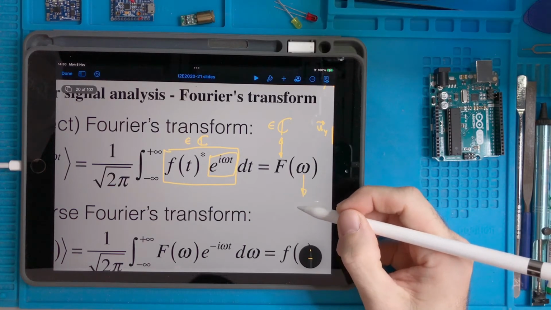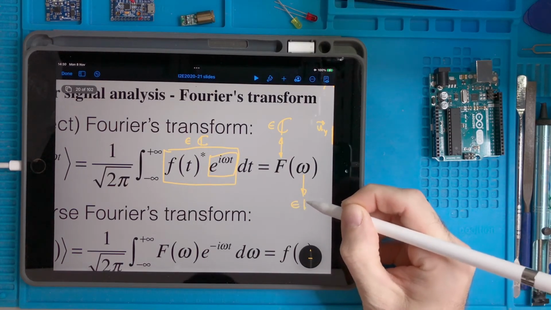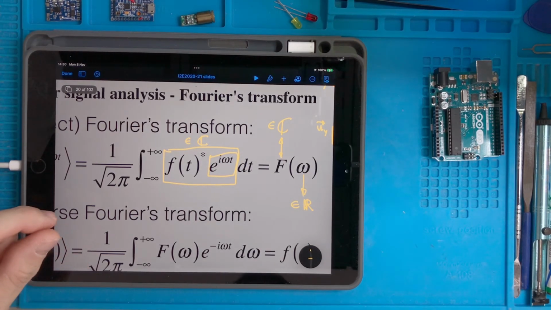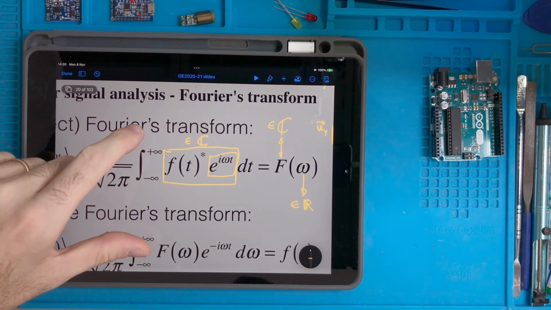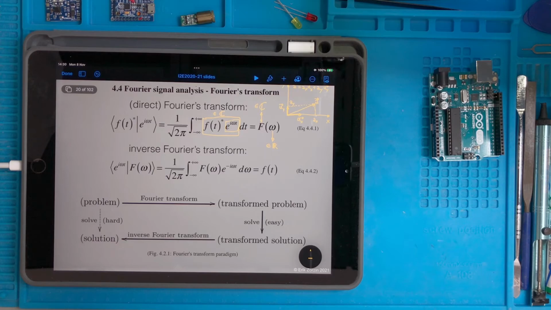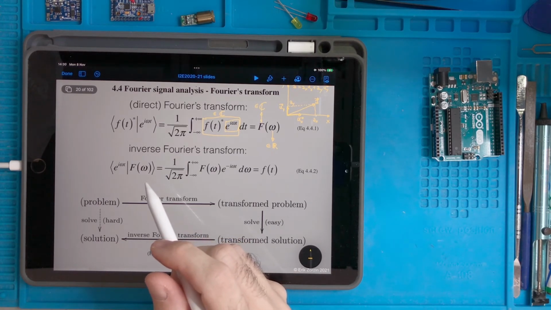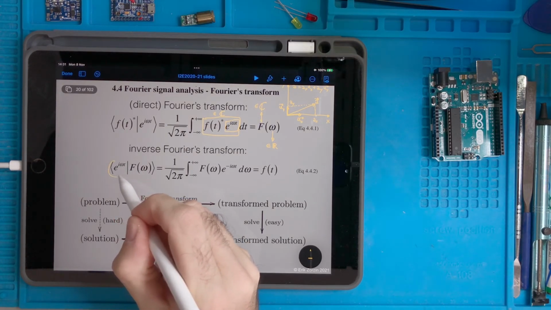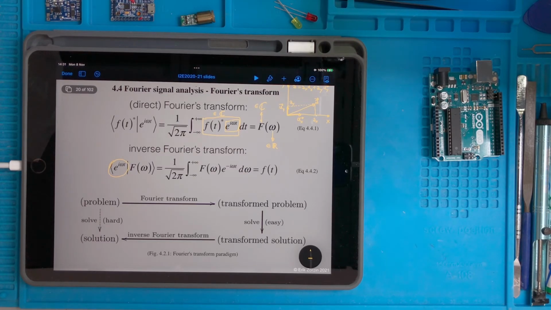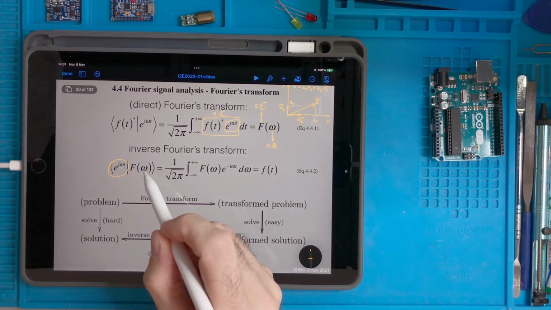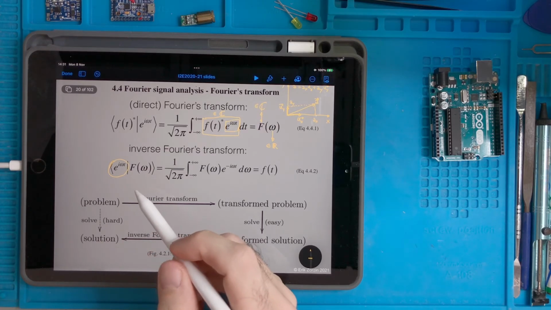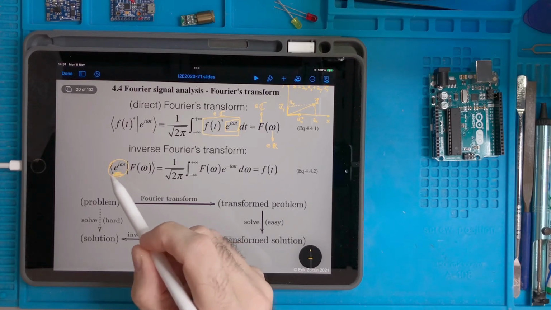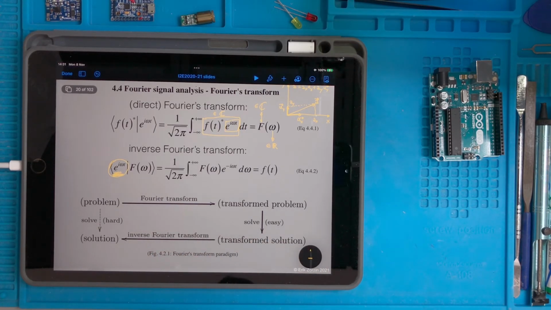So to say it better, omega is a real number, but F of omega is a complex number, which means it comes with a real and imaginary part, or if you prefer, with a magnitude and a phase. The magnitude would be the magnitude of this unitary frequency we put here, and the phase of this F of omega is the initial phase of this sinusoidal, let's say complex exponential function we have here.